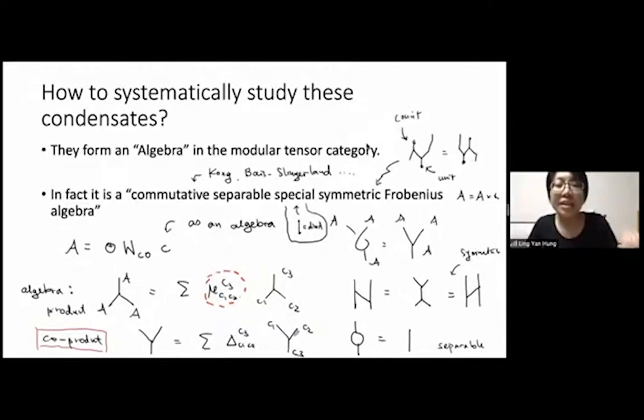So then you ask yourself, what kind of physical conditions should I put into these coefficients so that it makes a sensible condensate? And the idea is that first of all, because they are a condensate, it better be true that when they are fusing together and I change the order of fusion, I shouldn't get new phases because this is just a vacuum, as if there's nothing.